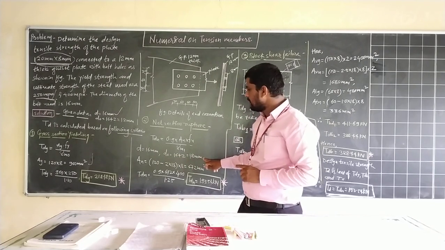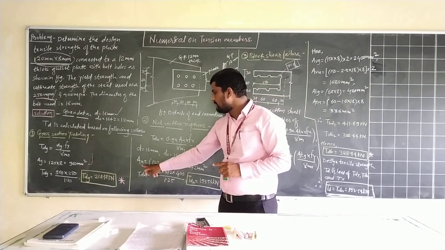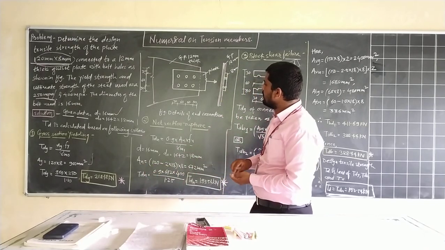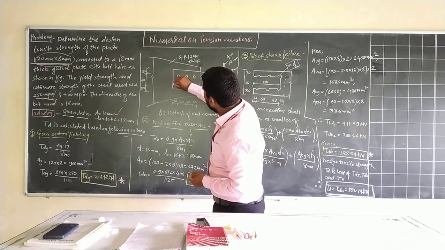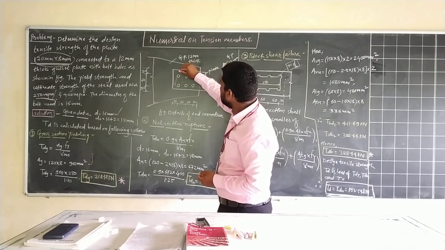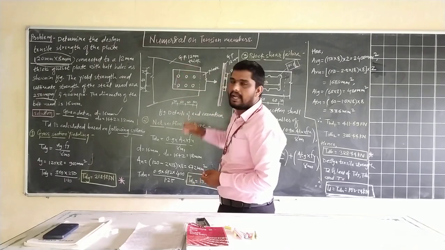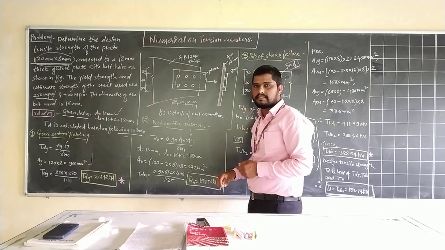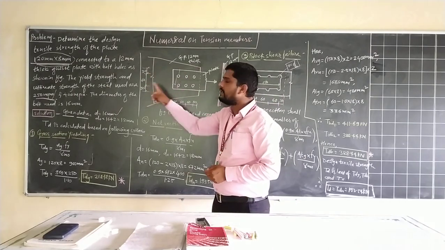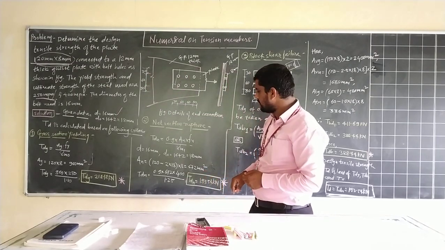Then the first target is to determine the net area for this particular plate. So 60 mm is the pitch of the bolts, where 30 and 30 are the end as well as edge distances, given from both sides.